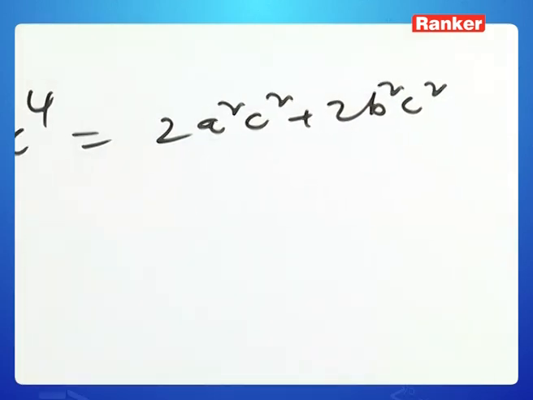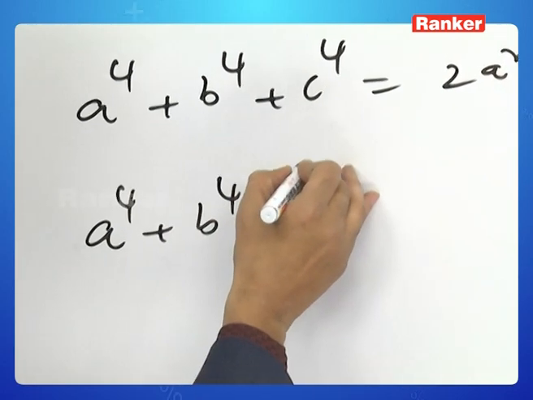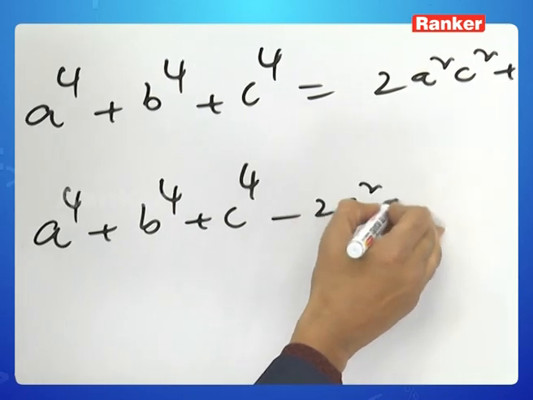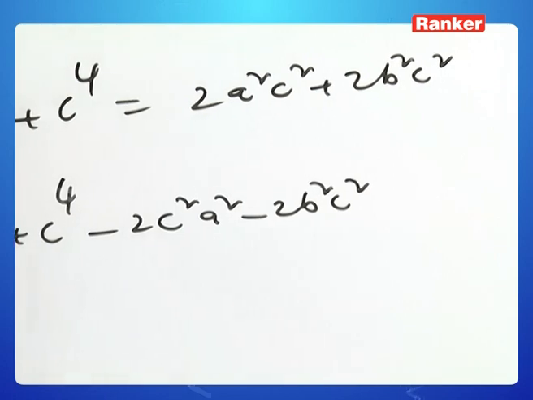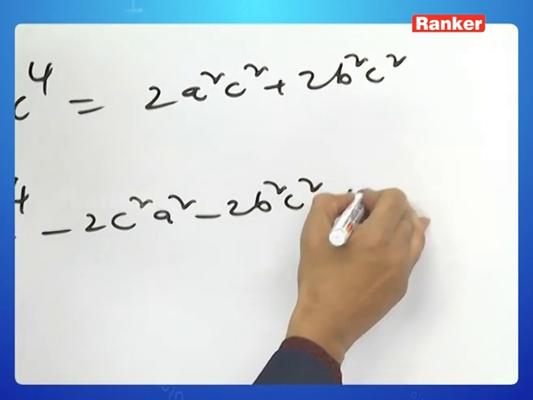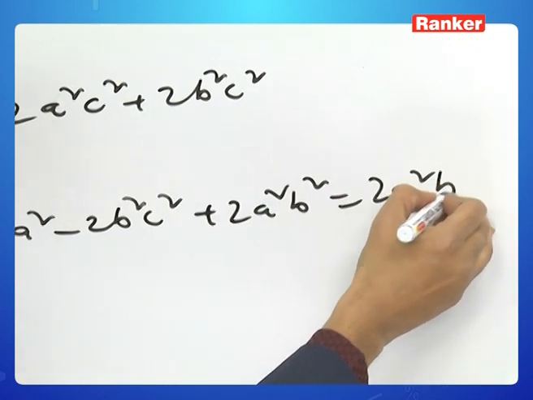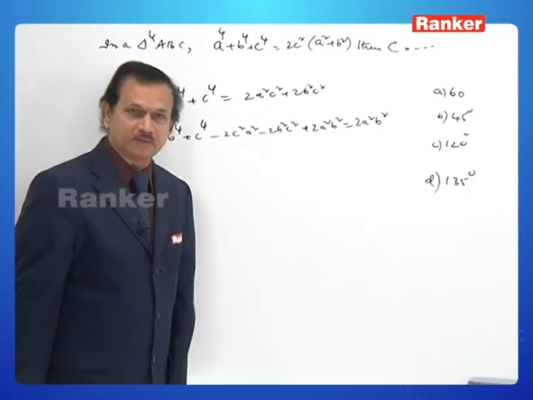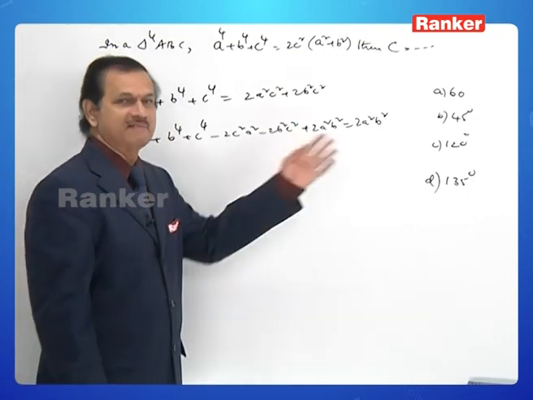Bring it here. a power 4 plus b power 4 plus c power 4 minus 2c square a square minus 2b square c square, and I would like to add 2a square b square also on both the sides. What happens? Actually, previously this 2a square b square is not present here. I could have added.